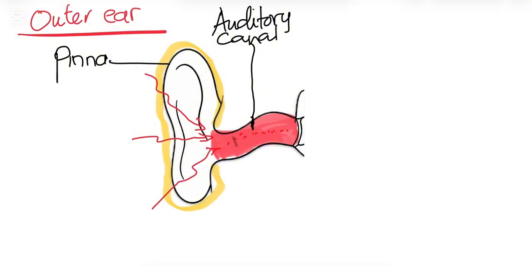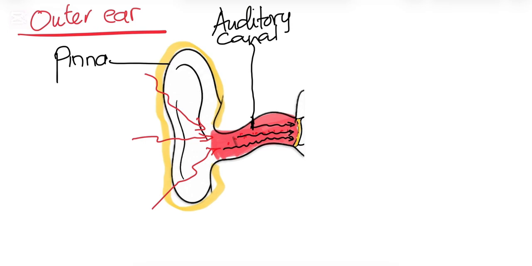Besides producing cerumen and having those hairs, this canal also directs the sound waves. Remember, it's the outer ear, so we talk about the sound waves towards the next part that we are going to talk about, which we call the tympanic membrane.